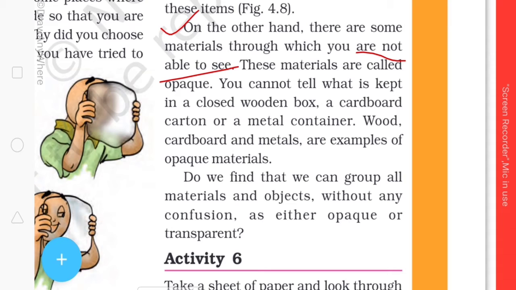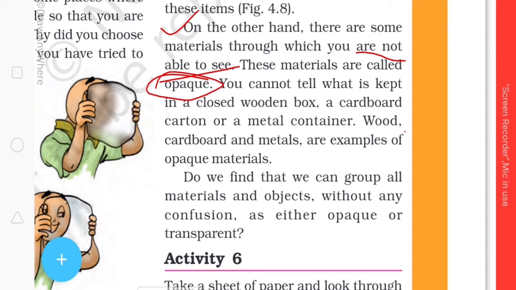We cannot see through them. These substances are called opaque. Through which we cannot see, it is called opaque, and through which we can see, it is called transparent. You cannot tell what is kept in a closed wooden box, a cardboard carton, or a metal container.